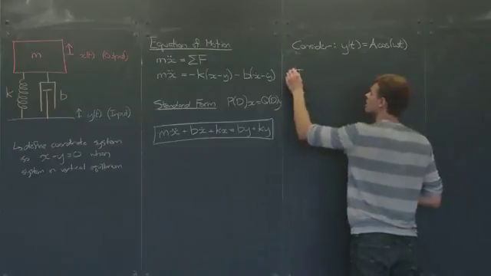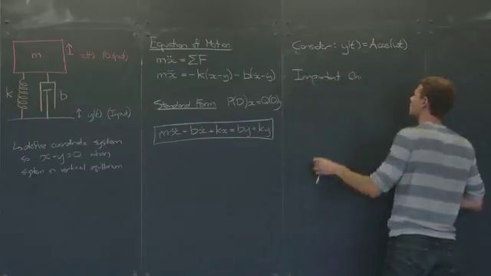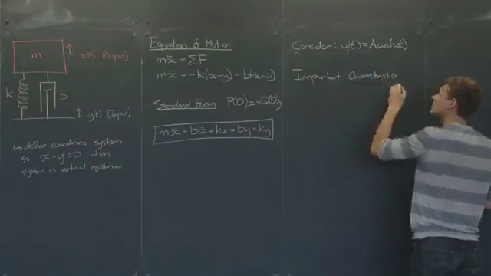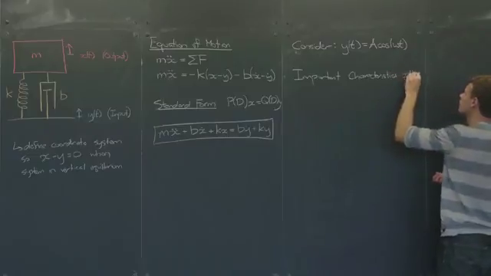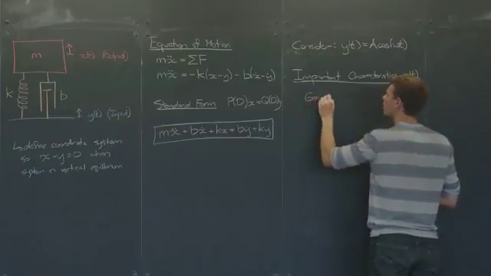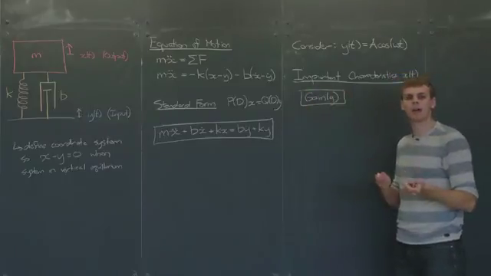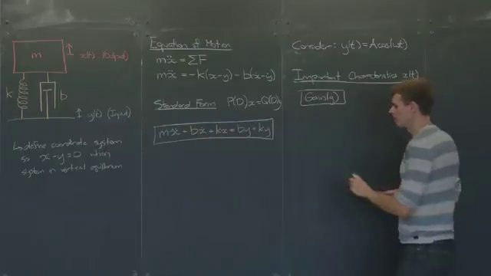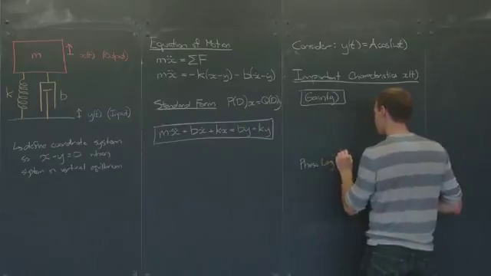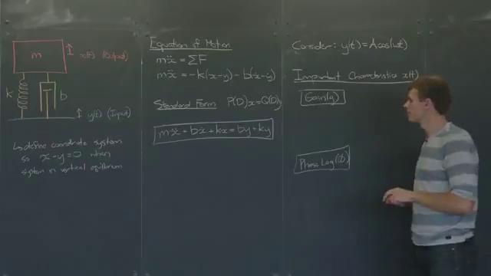So, the important characteristics of the steady-state output, x of t, are the gain, which we'll call g, which describes the ratio between the output and input amplitudes, and the phase lag, phi, which describes the phase difference between the input and output signals.